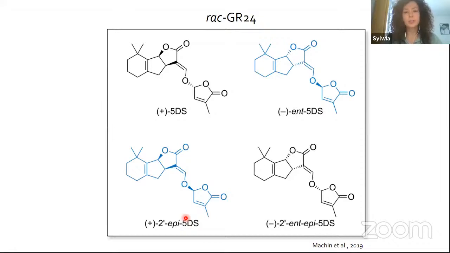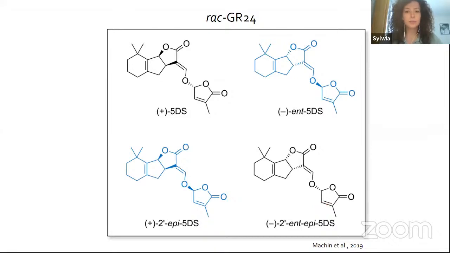However, it was shown that GR24 is not one molecule, but actually a racemic mixture of 4 enantiomers. Out of those 4, the 2 indicated in black are so-called natural strigolactones because of the stereochemistry and the connection between the C ring and the D ring. Those will be perceived by D14 and will trigger the strigolactone pathway.